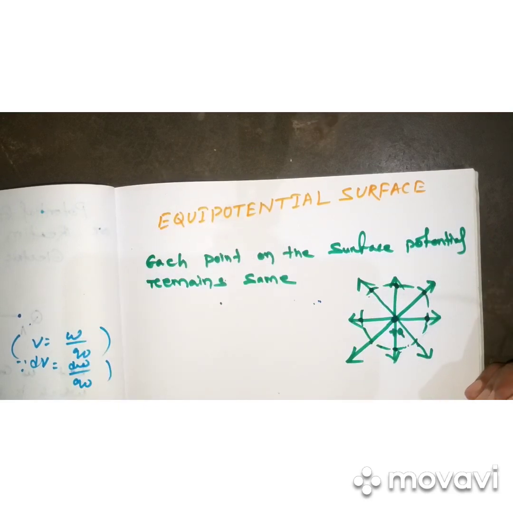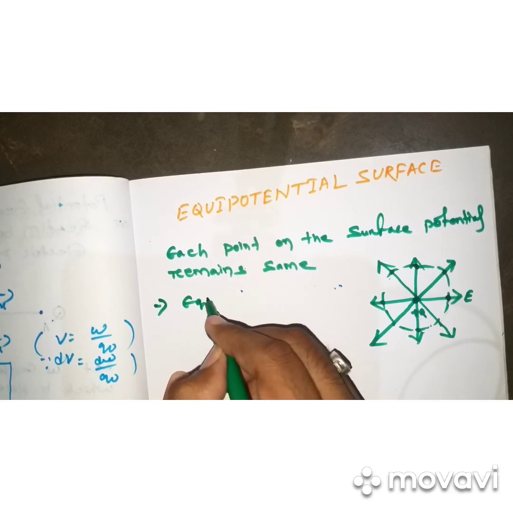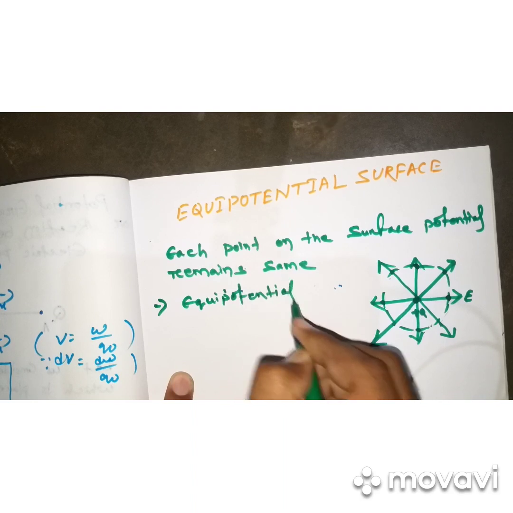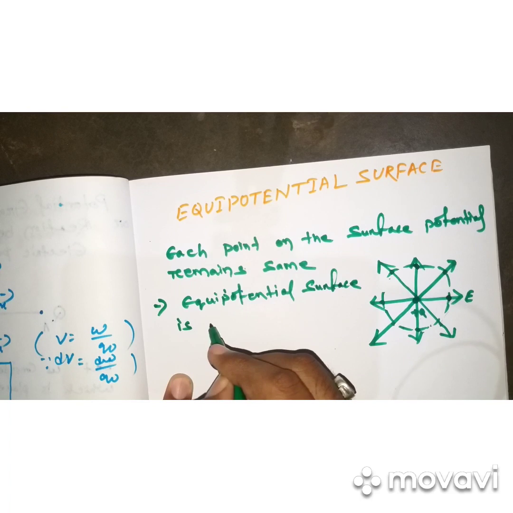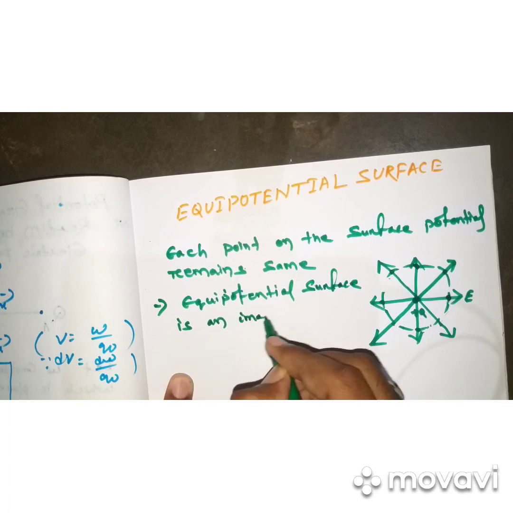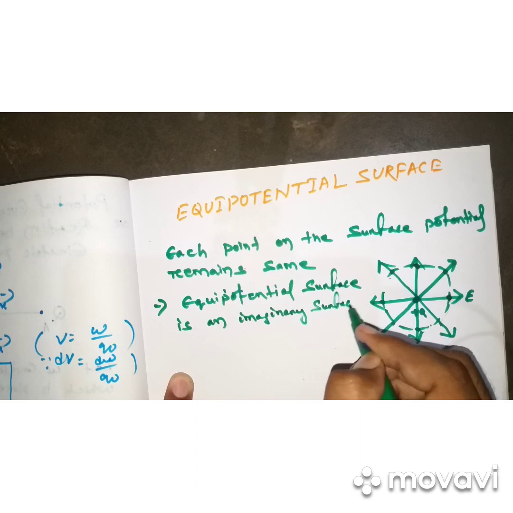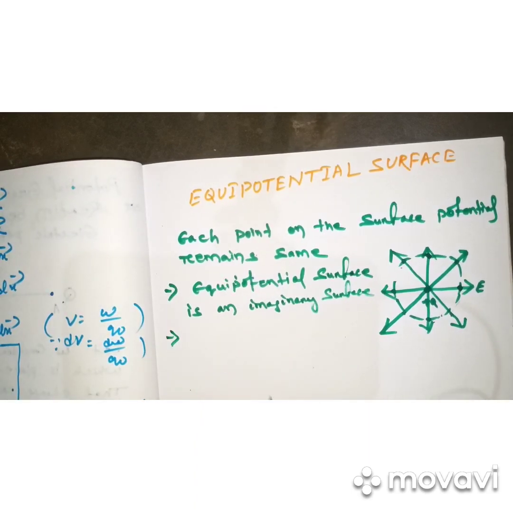Clear? Second thing, equipotential surface is an imaginary surface. Clear?